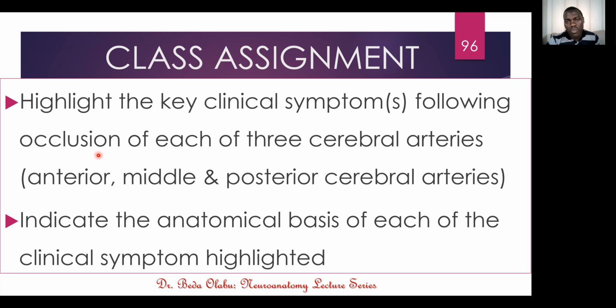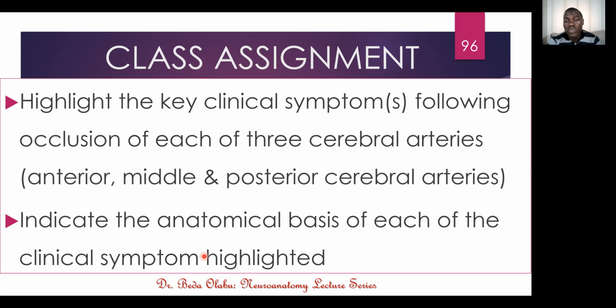What is important from anatomy point of view is for you to indicate the anatomical basis for each of the clinical symptoms that you'll have talked about. For example, if someone has middle cerebral artery syndrome, you've occluded the middle cerebral artery. So you are going to affect different functional regions of the brain. Let's say you affect the Broca's cortex.